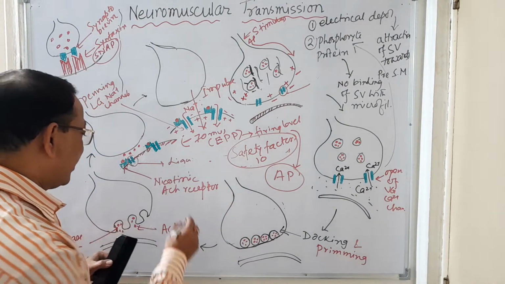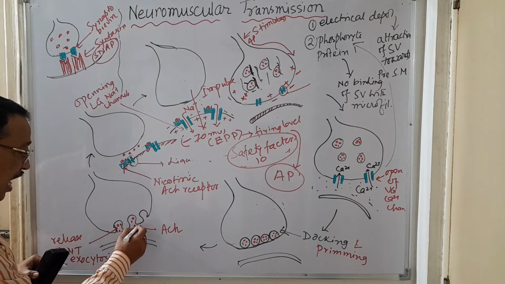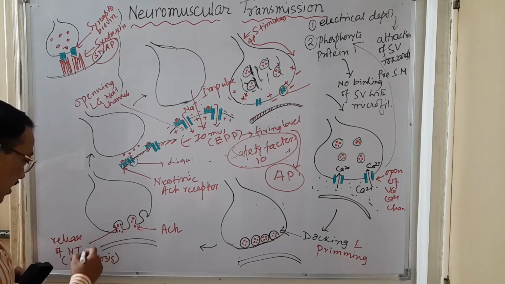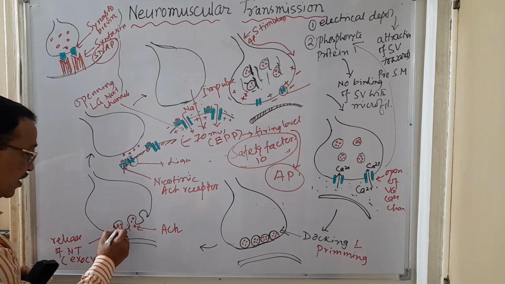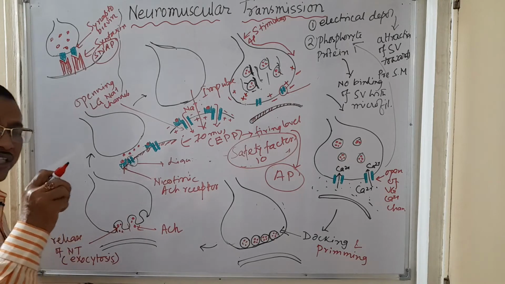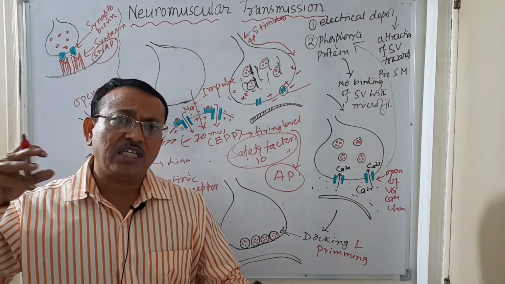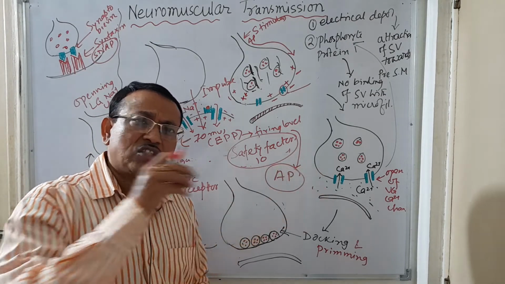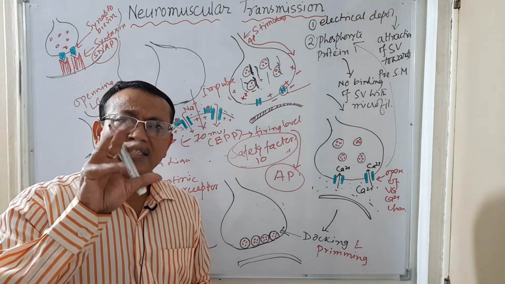Now another thing, as I told, acetylcholine is released by the process of exocytosis. Acetylcholine neurotransmitters are produced, but not as a continuous water flow. It is not like a continuous flow. It is a pulsatile release.